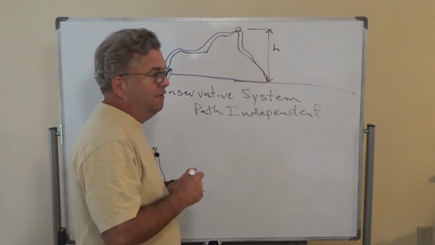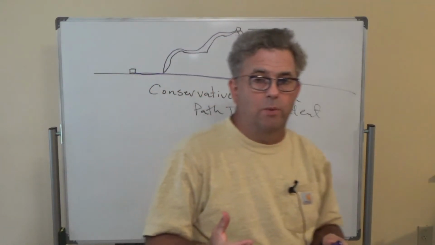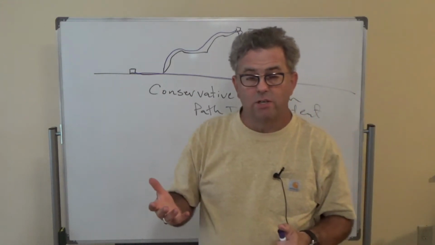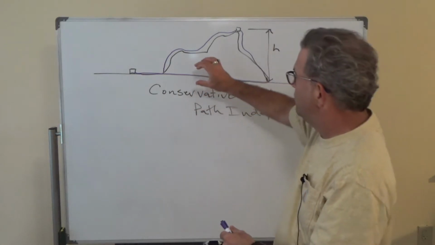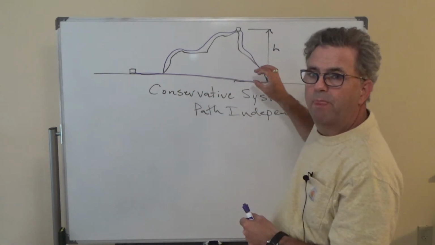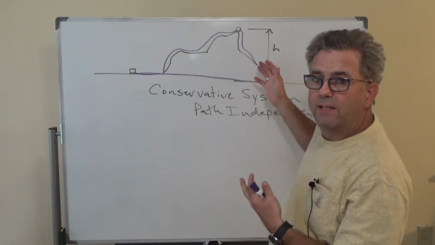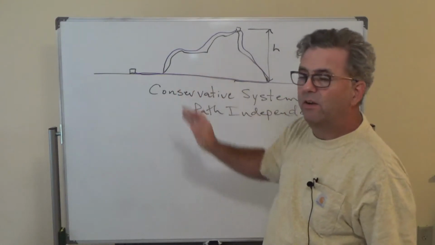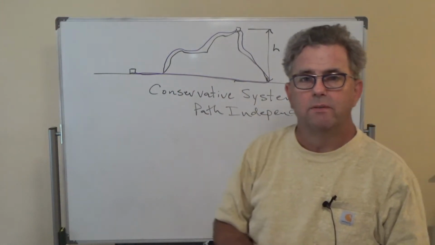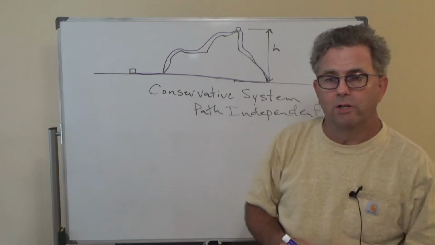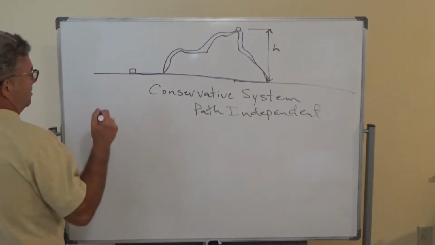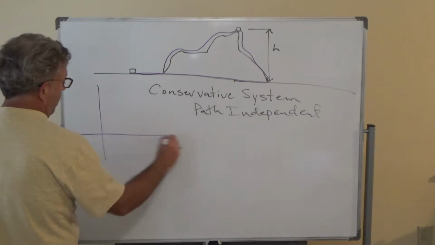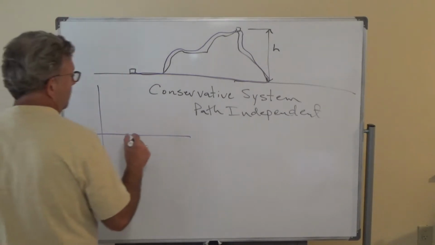Just like in the mass spring system that we looked at, that is a conservative system. There's no losses. I do some work on the system, that energy is stored in that spring, and the spring can release that energy. It has the ability to do work. Let me show you on a plot.